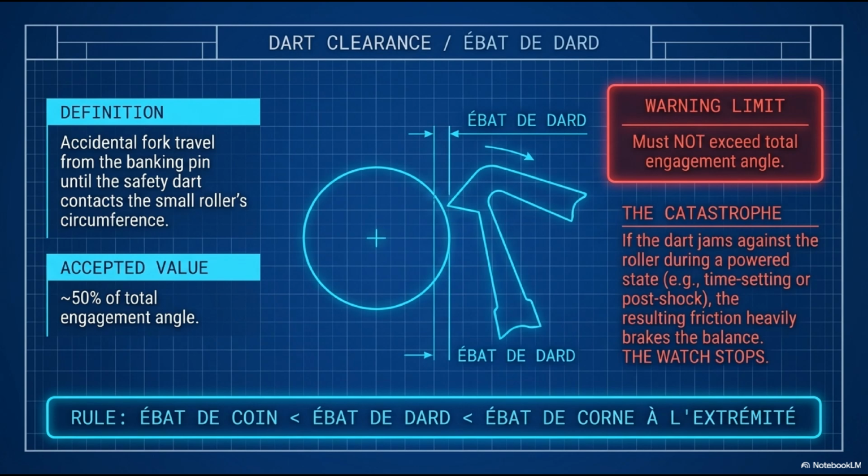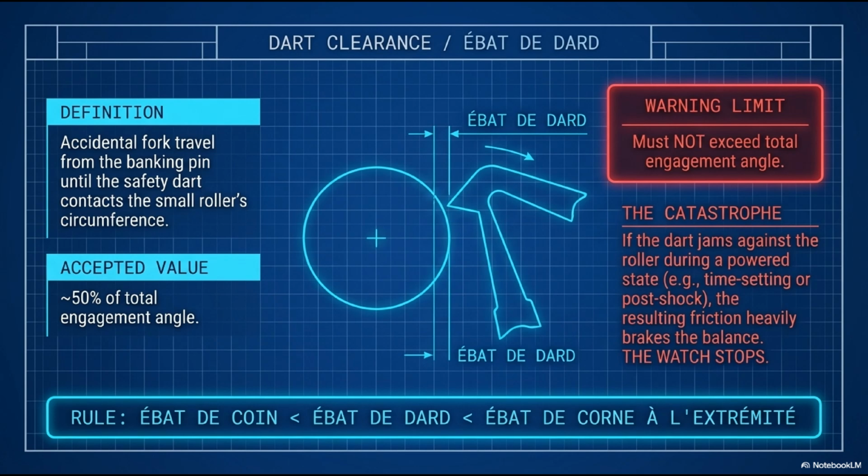At the same time, dart clearance must be less than end of horn clearance. If it were larger, the horn tip would contact the impulse pin before the dart reached the roller, again bypassing the dart. The dart must be the first protection to activate. It sits in the middle of the safety hierarchy, and its specific value determines how much travel the fork can make before the primary protection kicks in.